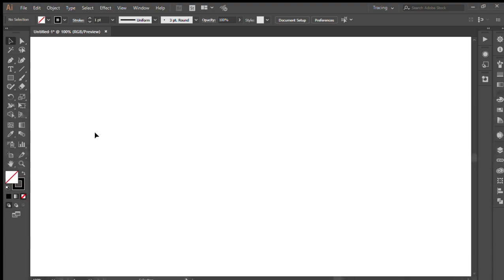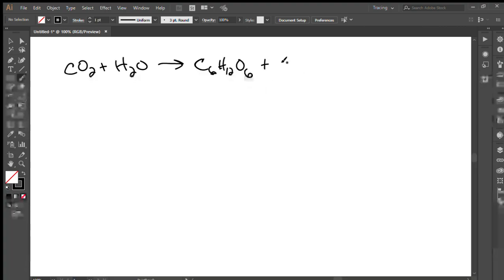So let's start out with the most obvious one you're kind of familiar with already, photosynthesis. Photosynthesis: carbon dioxide plus water gives us glucose plus oxygen.